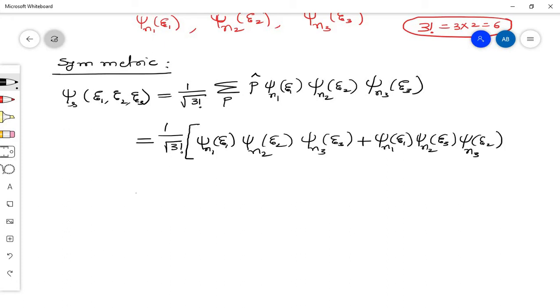The next term will be like this: psi n1 e2, psi n2 e1, psi n3 e3. That is 1 and 2 are interchanged. Here 2 and 3 are interchanged.